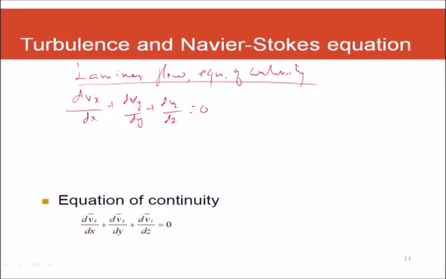When the flow becomes turbulent, Vx, Vy, Vz are no longer constant. They fluctuate irregularly. So they have to be split into the fluctuating and the time averaged part, like this.